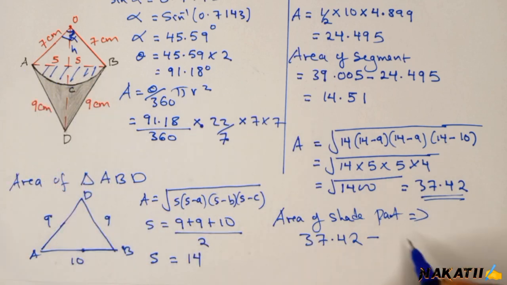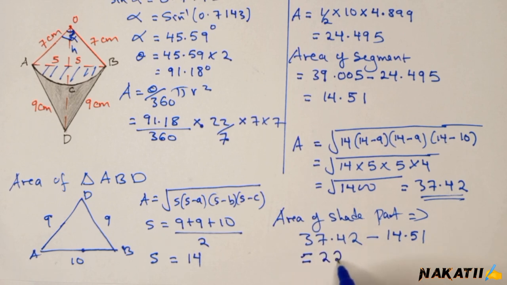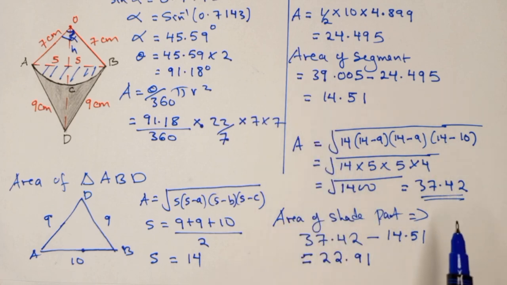Therefore, that will be 14.51, which we found here. If you do that, our answer will be 22.91. The question asked us to give our answer to the nearest centimeter squared. And therefore, our answer will be 23 centimeters squared.